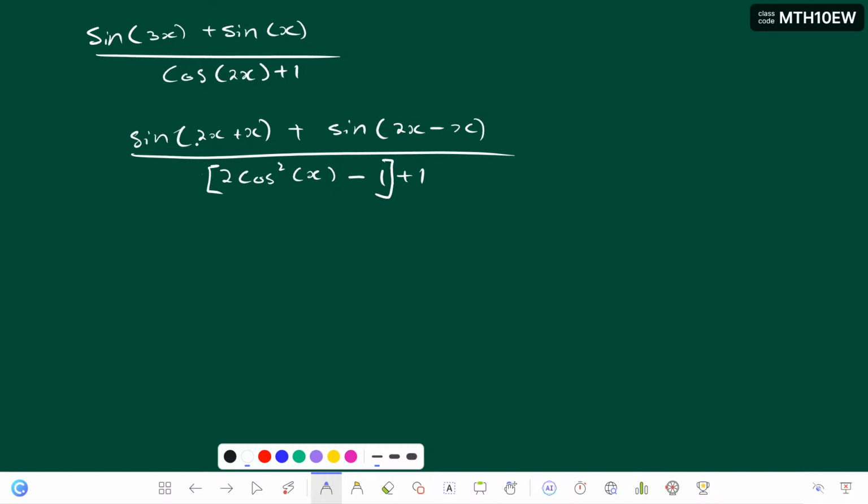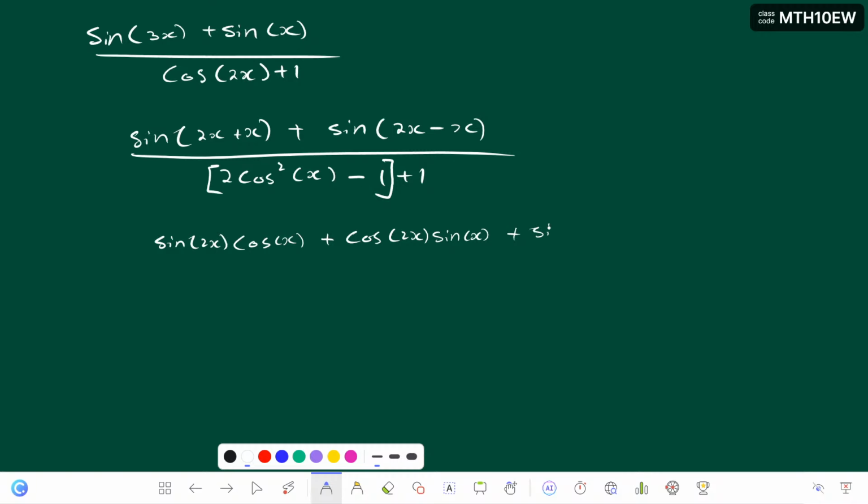So okay, let's solve this one. So this one is the same thing as sine 2x cos x plus cos 2x sine x. So let's go to the other one.